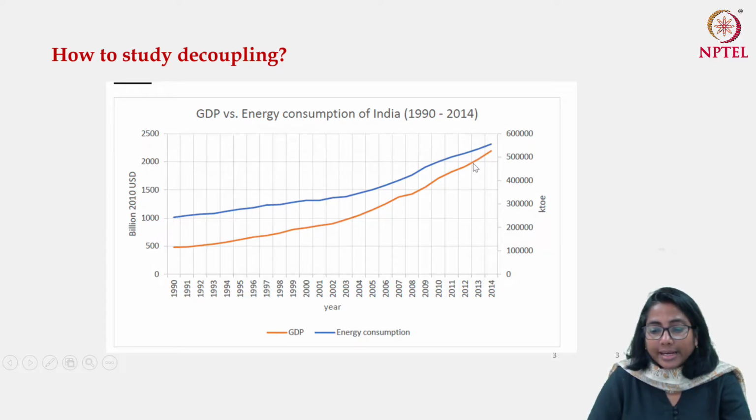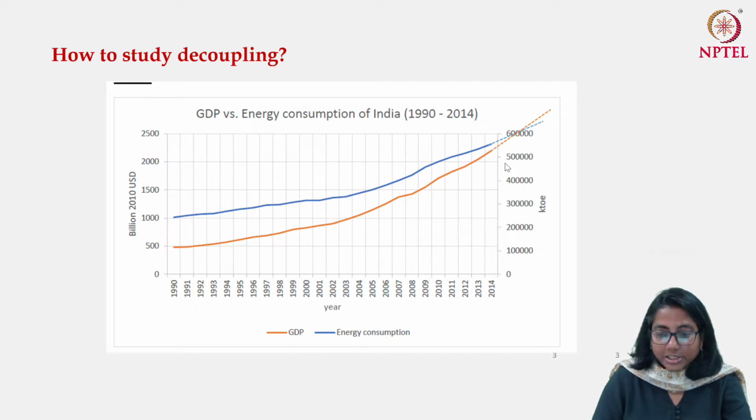If you look at this diagram, you see that initially the rate of growth of both the blue line and the orange line was almost similar. So they were running parallelly. Beyond a point of time, you see that the orange line is growing much faster as compared to the blue line. So what is essentially happening?